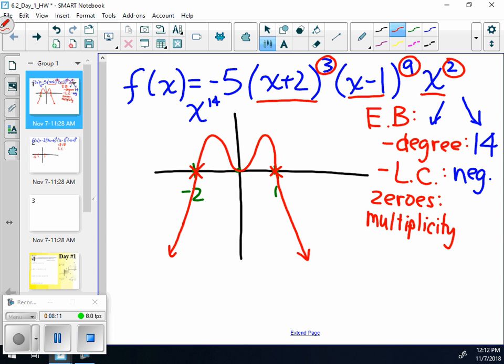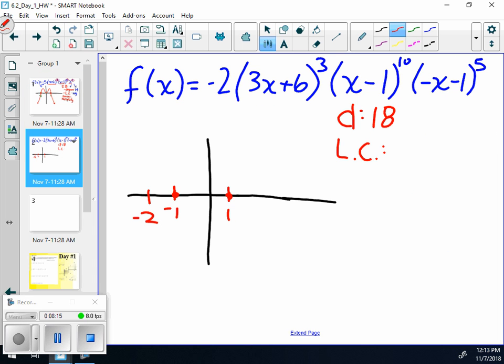So our leading coefficient is -5, right? This one, I purposely made tricky for the leading coefficient. Because if we're looking at the leading coefficient, do we just look at the number here? Isn't the leading coefficient the number that comes in front of the largest term, or the term that has our degree in it? Which means that you have to multiply by the coefficient in front of each of the x terms.